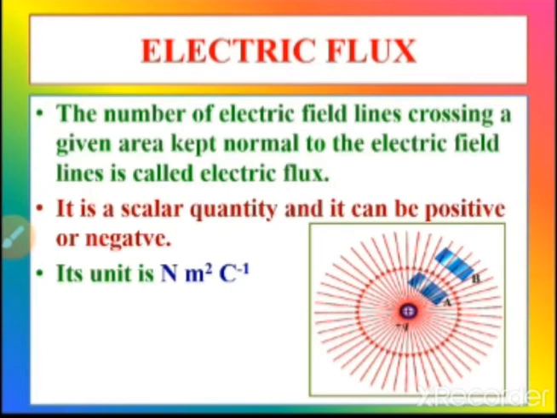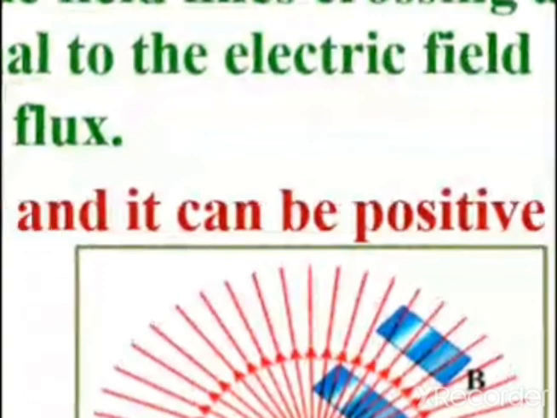So what is meant by electric flux? The number of electric field lines crossing a given area normal to the electric field lines is called electric flux. Now a small example is shown in the figure.